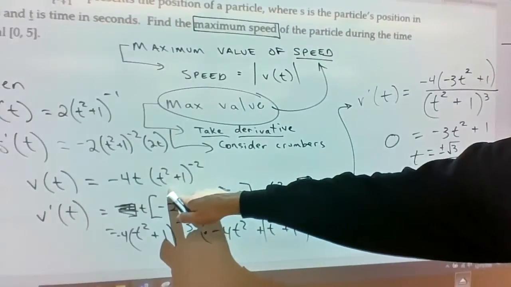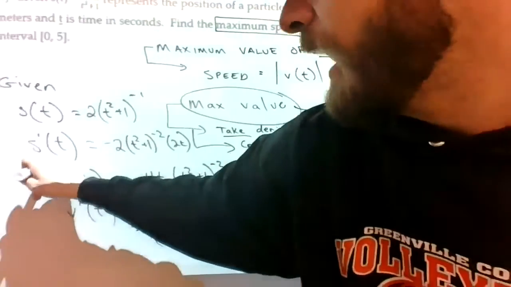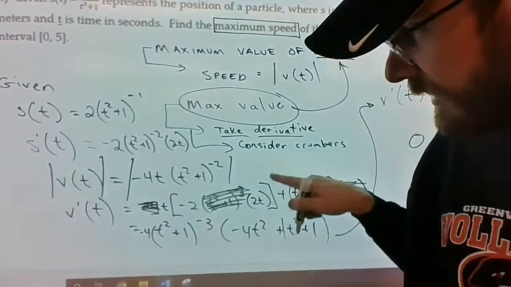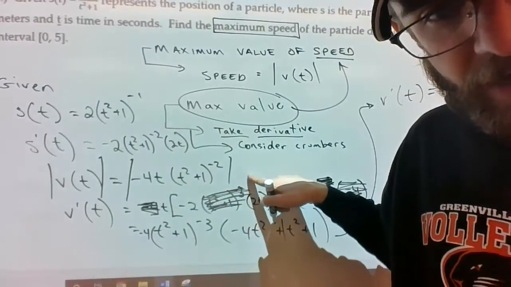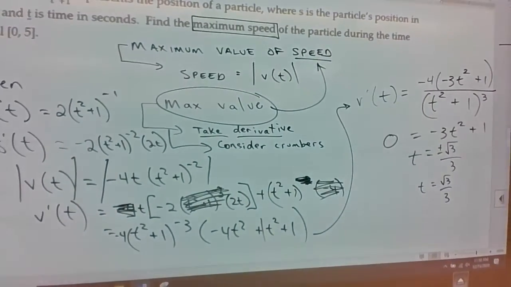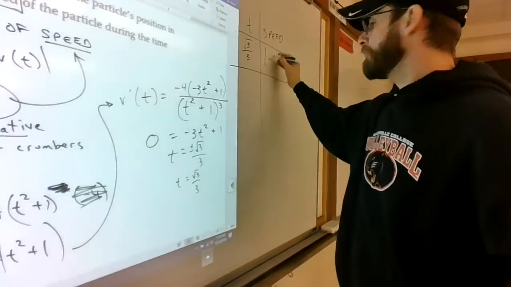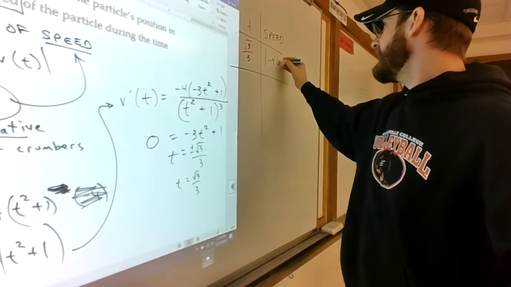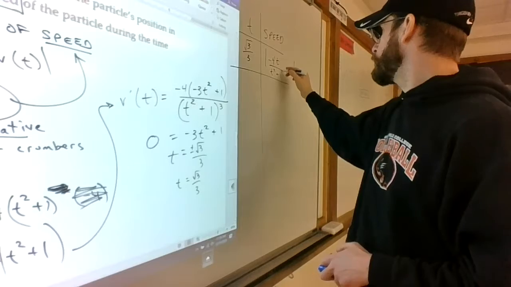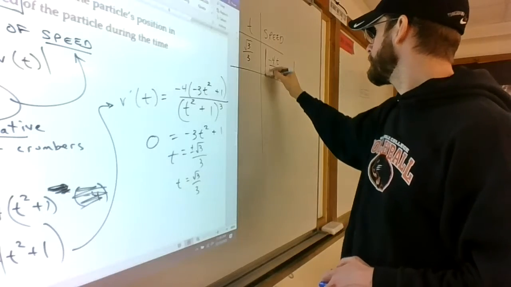It's this one over here. The absolute value of velocity is the speed. So I'm plugging into this right here now to check what the actual speed values would be. So over here it's going to be -4t over, instead of the negative exponent, t squared plus 1 squared.